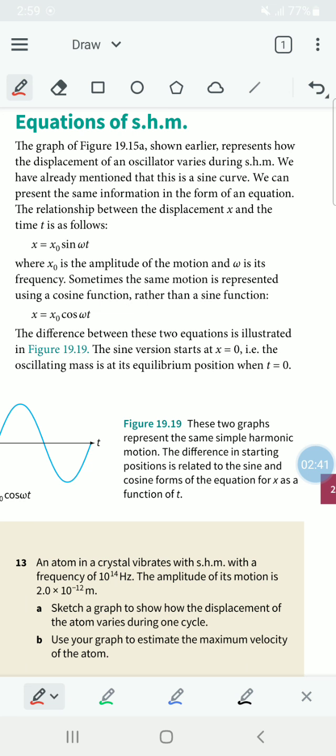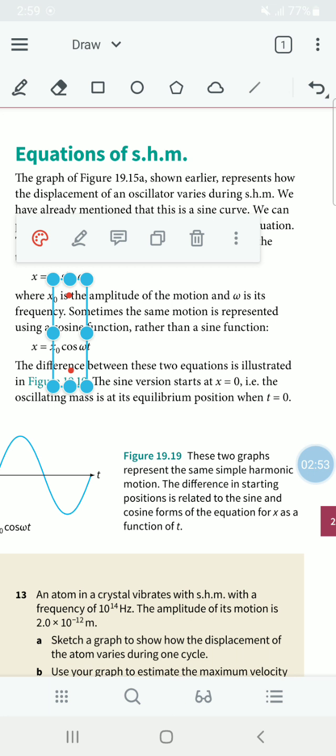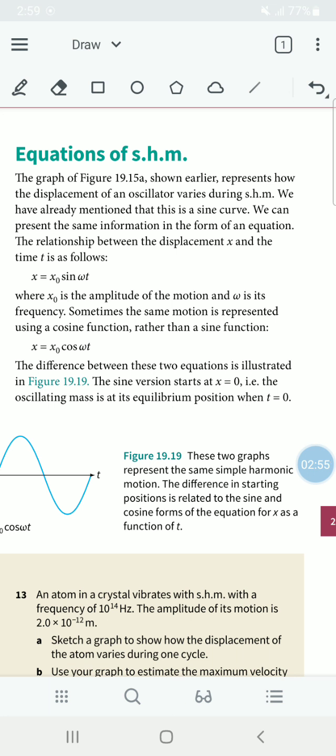Here we have used sine, here we have used cos, right? Everything else is the same. How can that be? Because sine and cosine are not equivalent, right? But the difference between these two equations is illustrated in figure 19.19.